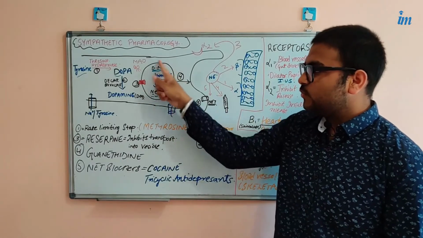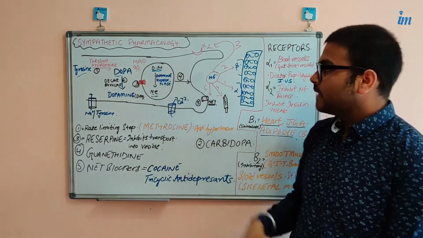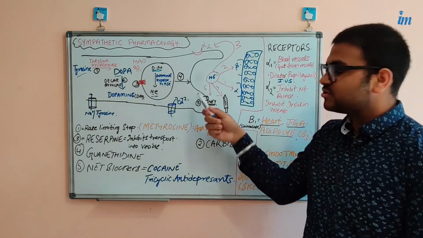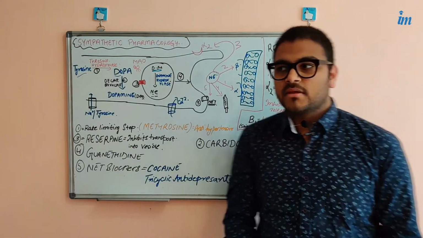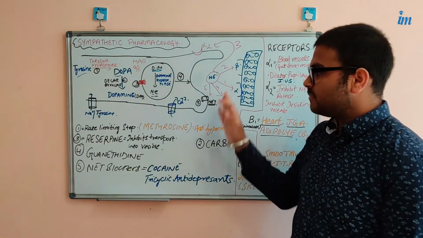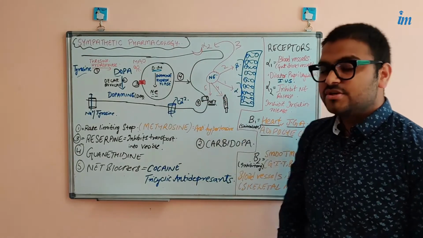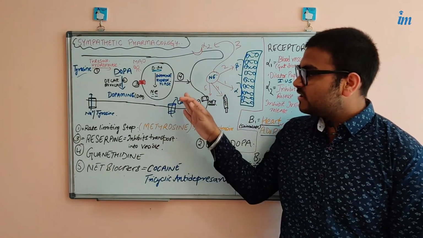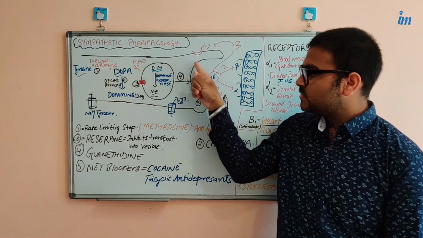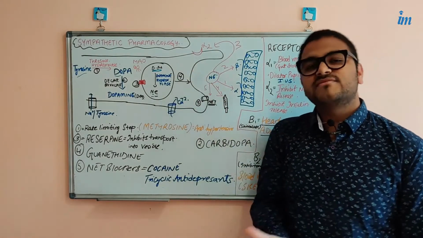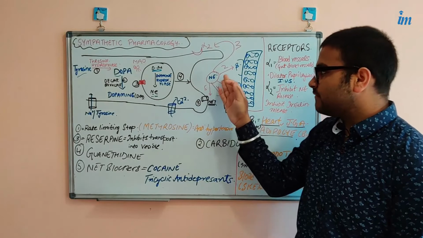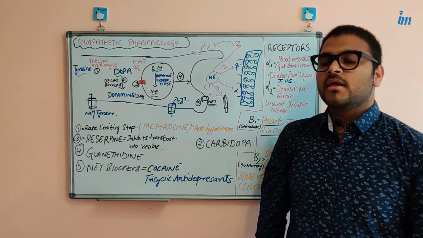This membrane of the neuron is called the presynaptic membrane, because it is before the synapse. So calcium entry is very much necessary for the fusion of the synaptic vesicle with this membrane, and this fusion will lead to the release of norepinephrine into the cleft.